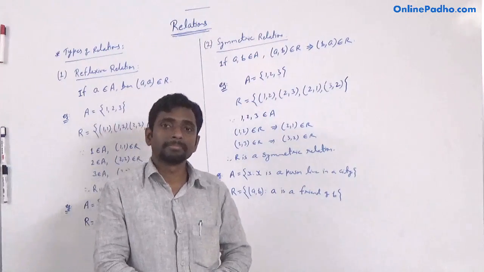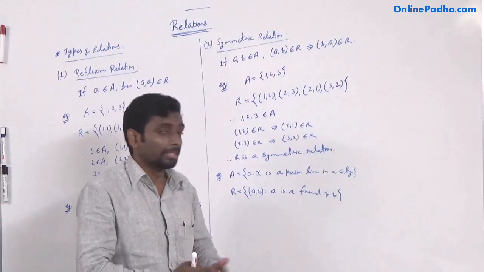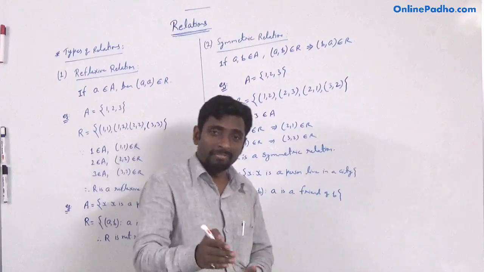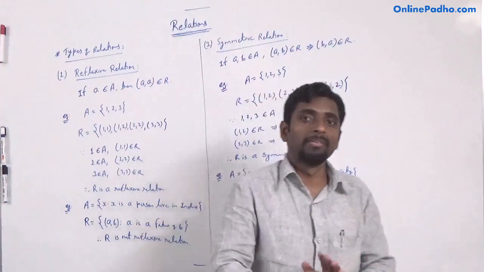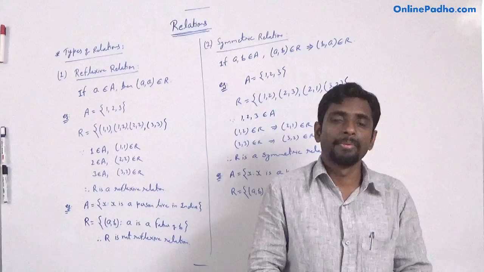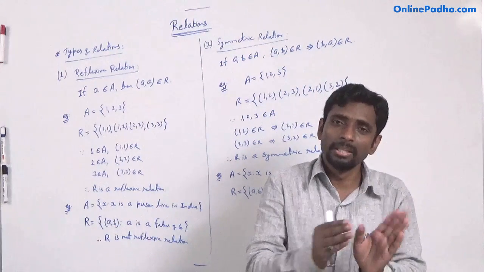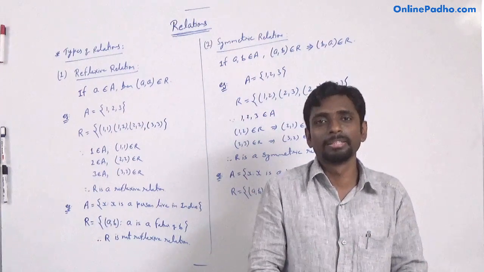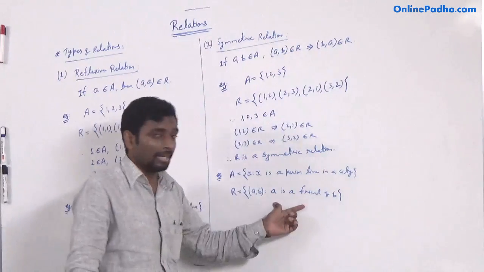Yes. This is a symmetric relation. If A is the friend of B, then B must be the friend of A. If (A, B) belongs to the relation, then (B, A) must belong to the relation.